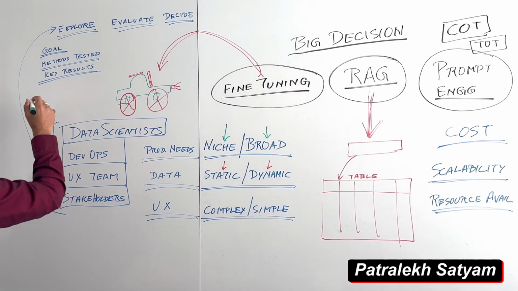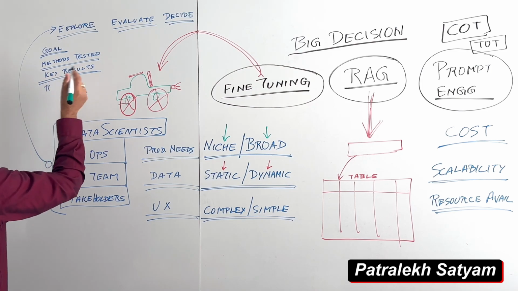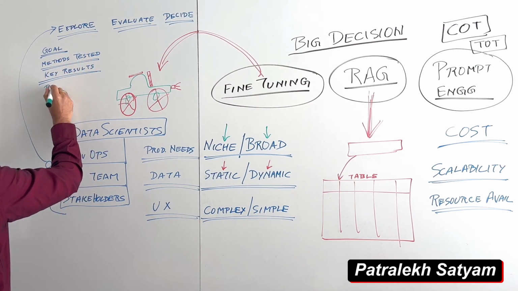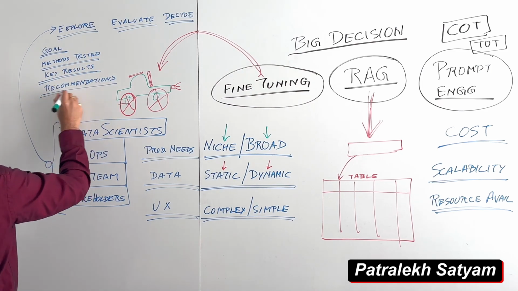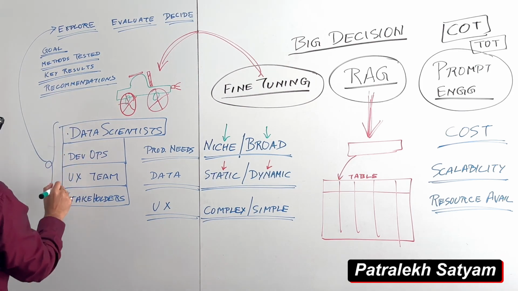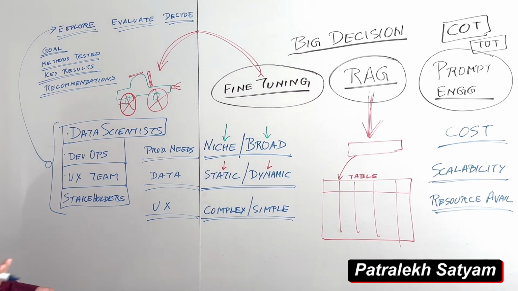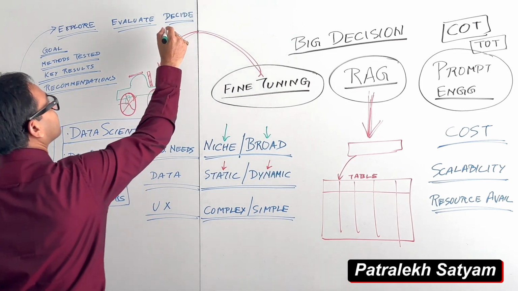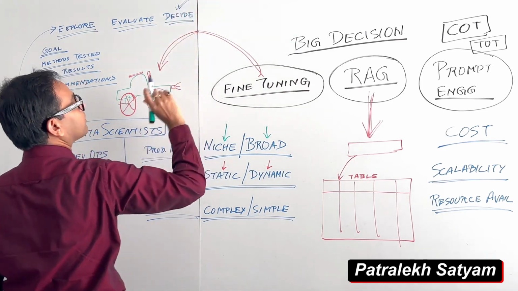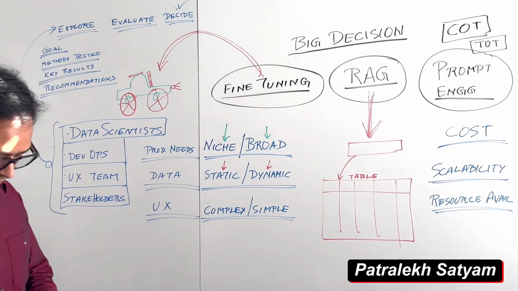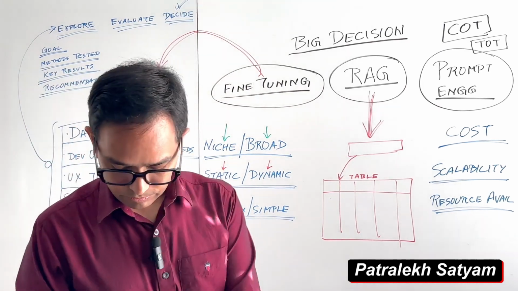Then what are the recommendations that came out of this whole process? And these recommendations will be given by data scientists, your DevOps team, your UX team, and even the stakeholders. Now once you have all these things, that is when you make that decision of how your whole system is going to look like.